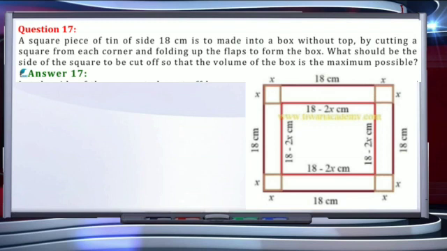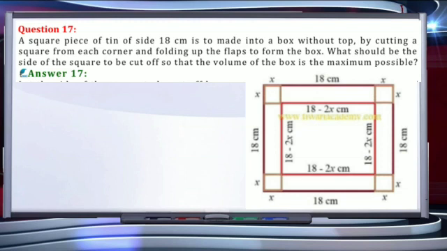Now next, question number 17: a square piece of tin of side 18 cm is to be made into a box without top by cutting a square from each corner and folding up the flaps to form a box.